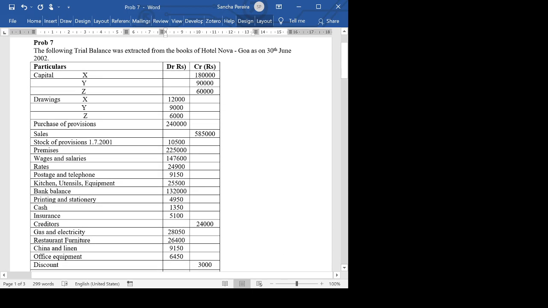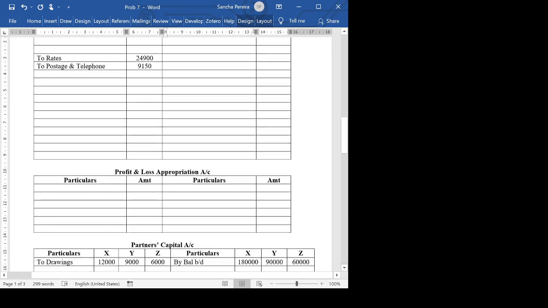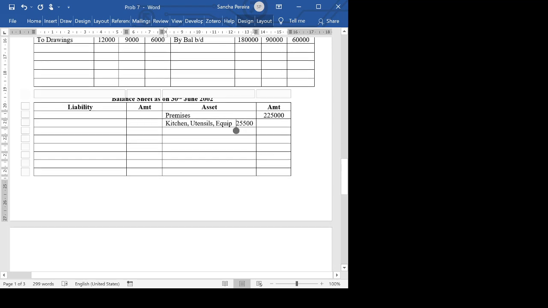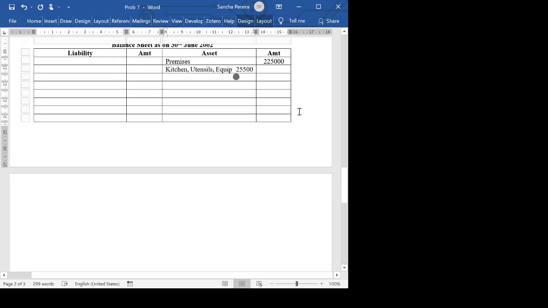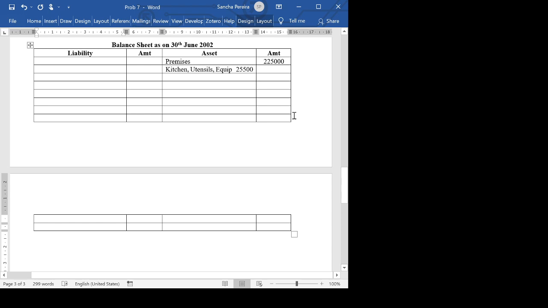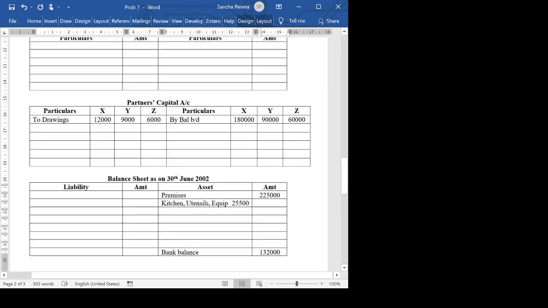Then we have bank balance, 1,32,000. I'll leave some lines for the other assets. Bank balance, 1,32,000.